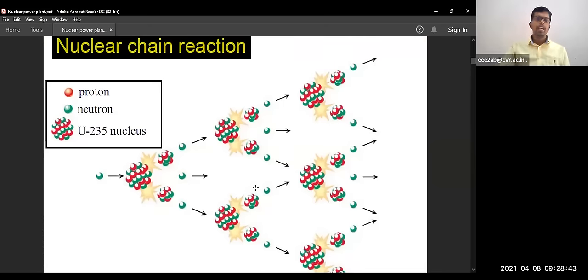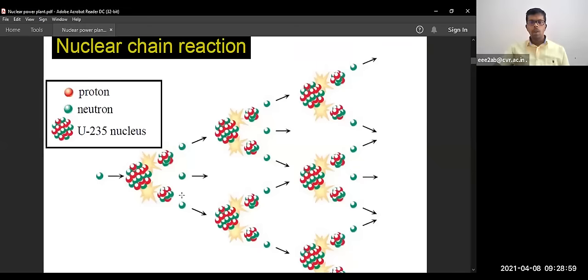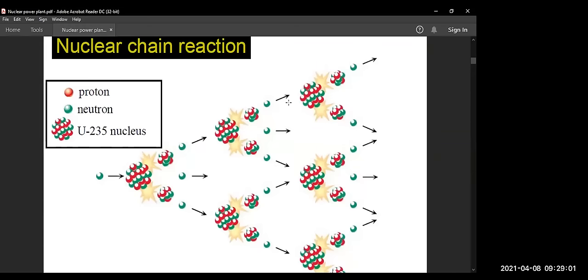Okay. So here what we are doing is uranium 235 is being bombarded. If you see in this picture, neutrons are also coming out, and protons too. It is a chain reaction.